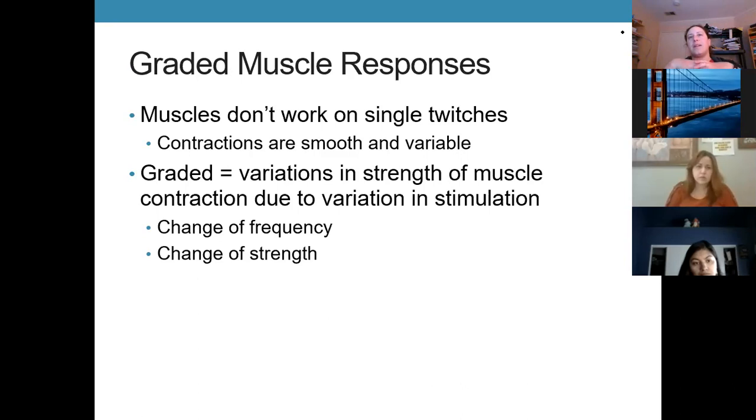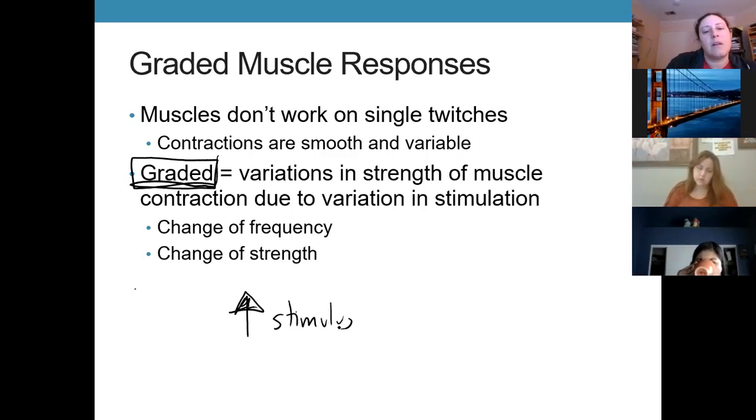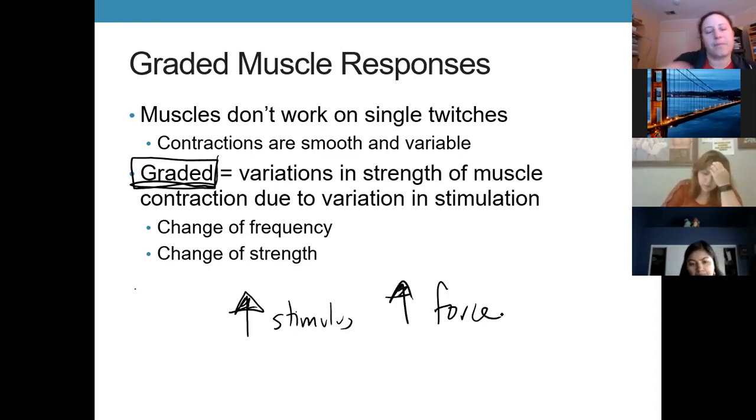We're working with an entire muscle that's able to generate a variation of response. Whenever something is able to generate a variation of response, we call it a graded response. A graded response means that as you increase the stimulus, you're going to increase the force.